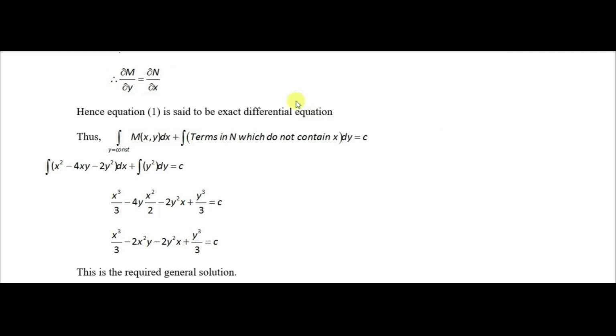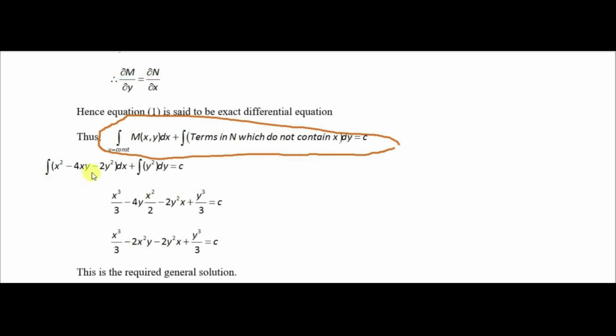Once you finalize that the given differential equation is exact, then we have to use the result to obtain the solution of the exact differential equation. The result is given by integral of M dx plus the integral of the terms of N which do not contain x, dy, is equal to c. The value of M is x square minus 4xy minus 2y square.